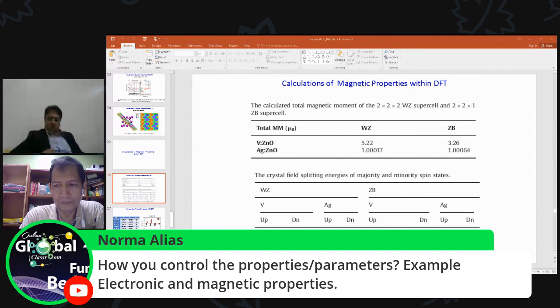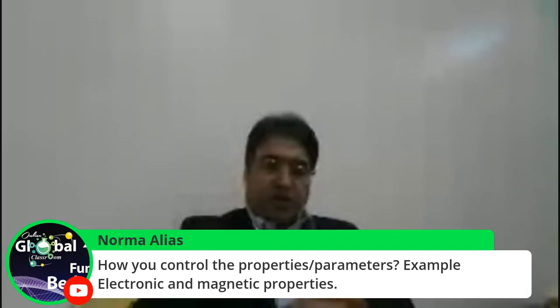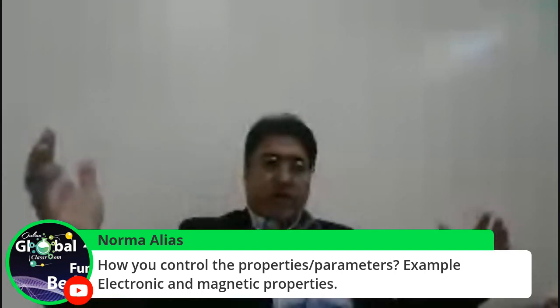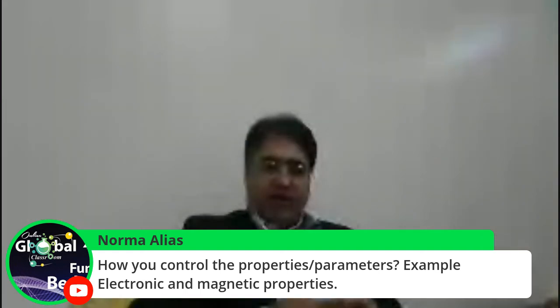As I said, the nuts and bolts of DFT are the selection of the proper potential, like full potential or pseudo potential, and then the basis set and the K points. If you use a bigger basis set and larger K points, you can get more accurate results. The accuracy is normally dependent on the input parameters, like K points, basis sets, and even the selection of the potential.